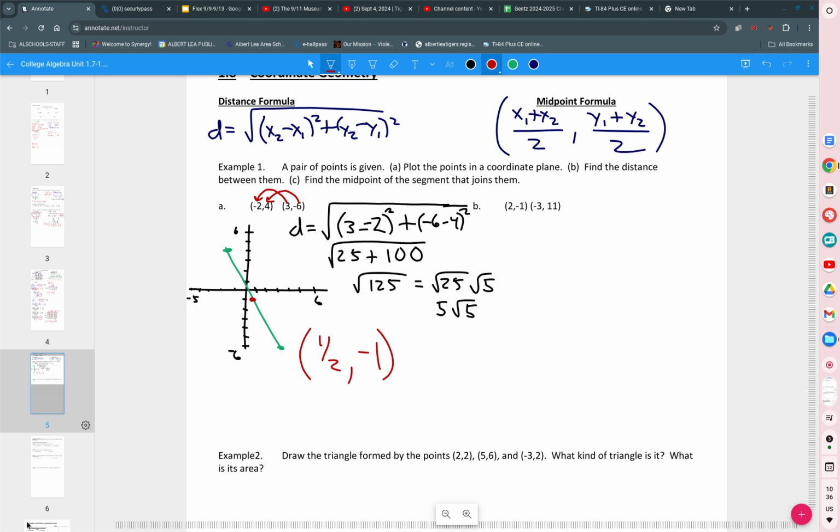A triangle. Don't go to example 2, just go over to B. I don't know how to do that. No, I was just thinking of the wrong formula or something.